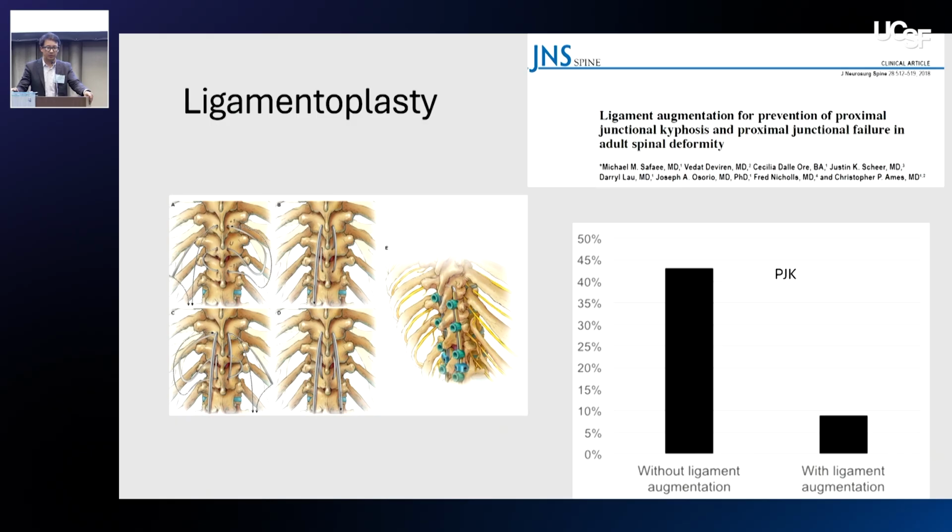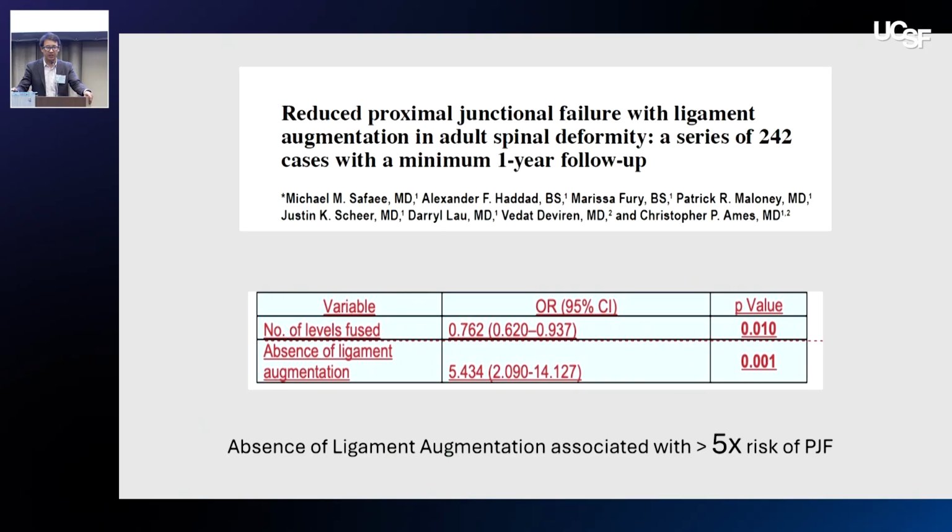In several of his papers that I'll reference here, using this particular technique, again, to your talk yesterday, you can get significantly decreased rates of PJK, and this holds true through the long term as well in this minimum 1-year follow-up data set with a large group of patients.